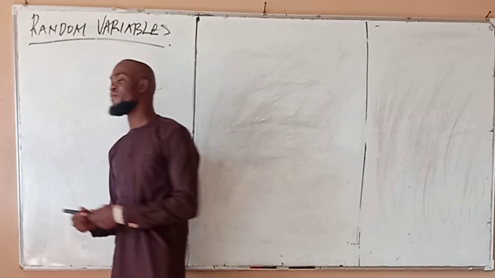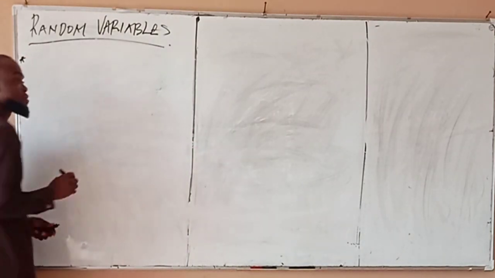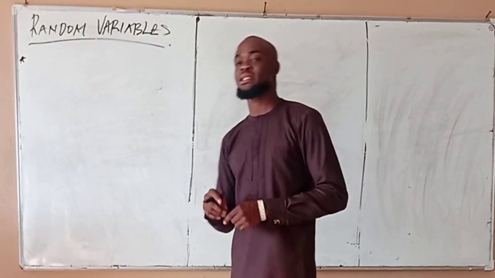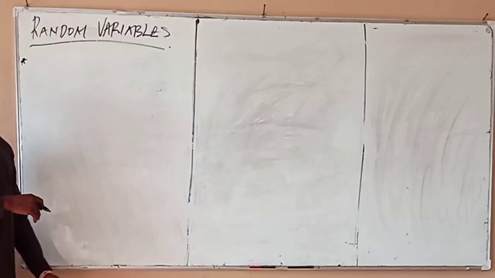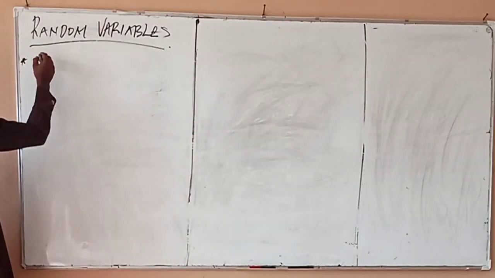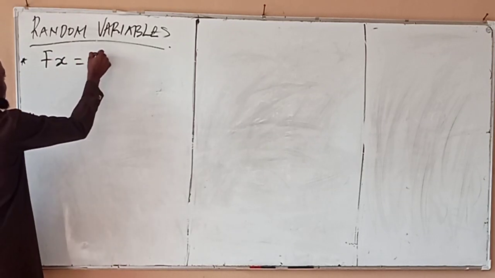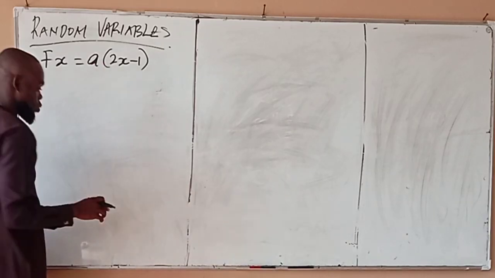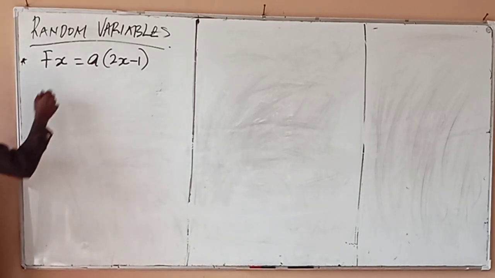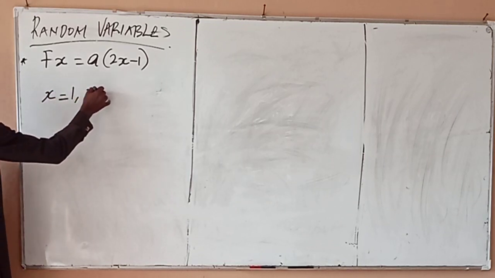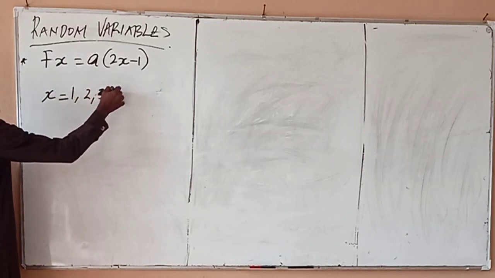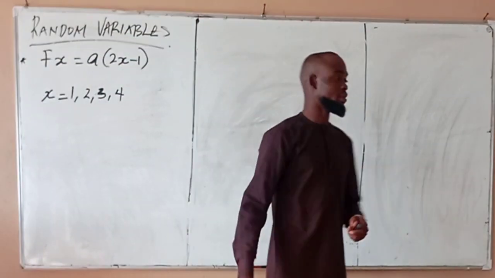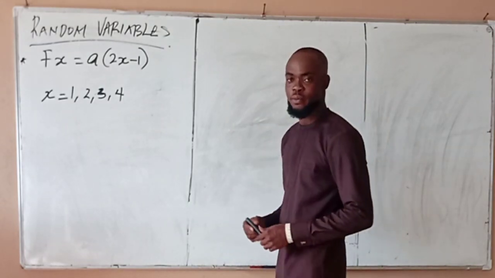A discrete random variable has a probability mass function, f of x equals a bracket 2x minus 1, for x equal to 1, 2, 3, 4. Obtain the value of a.